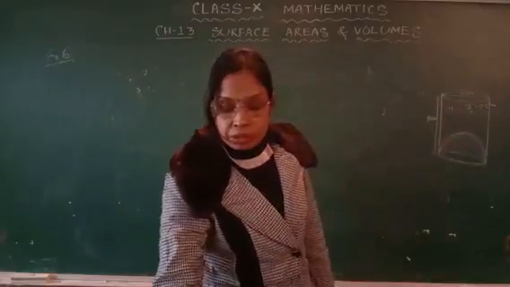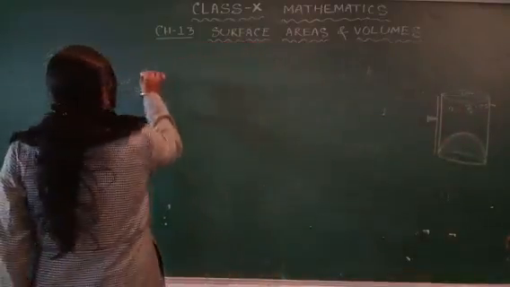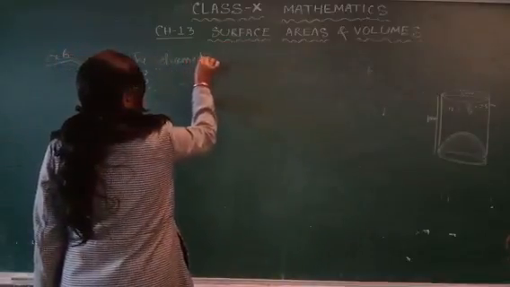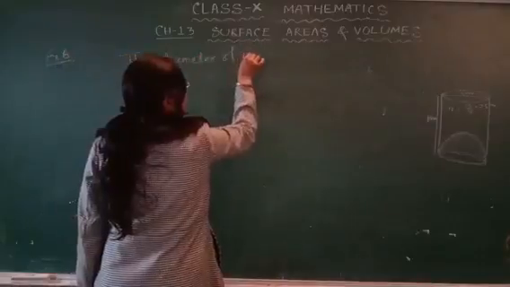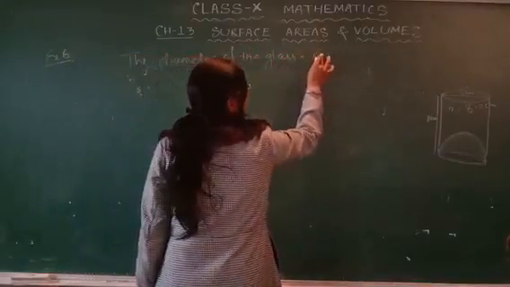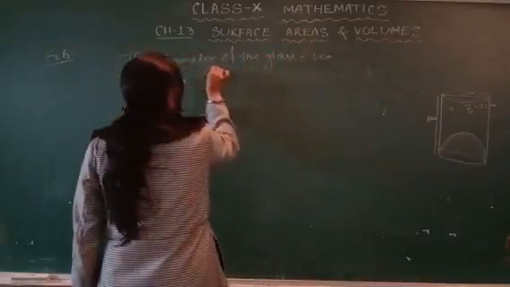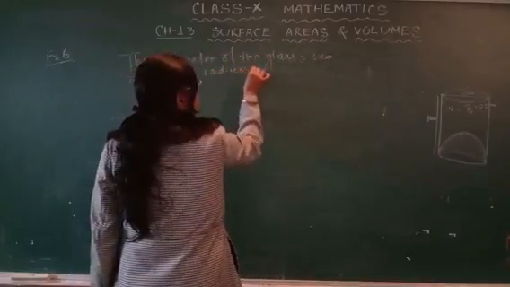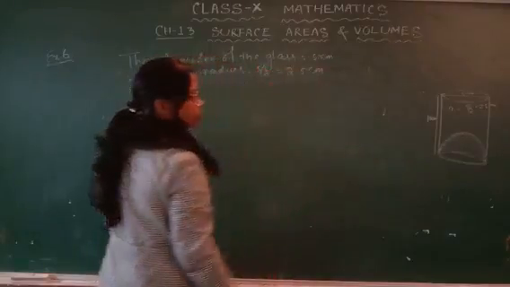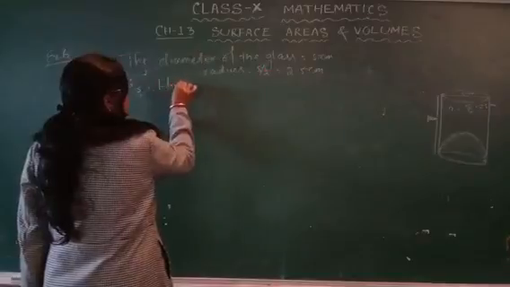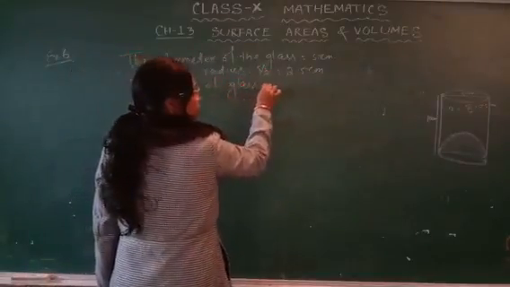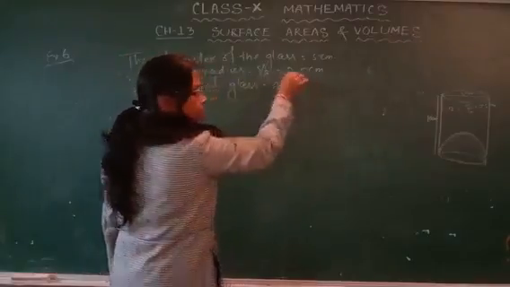So first, you see the diameter of the glass is 5 centimeter, so radius is 5 upon 2, that is 2.5 centimeter. And the height of the glass is 10 centimeter.